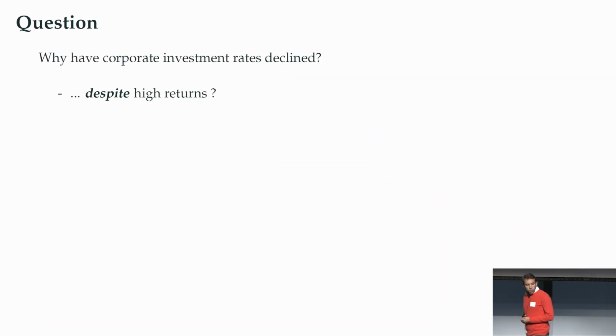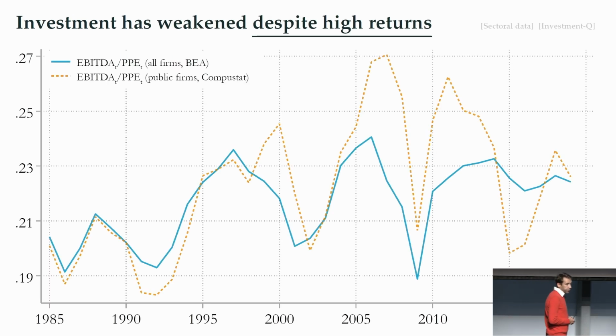The reason why we were puzzling over this is if you look at measures of returns to investing in physical assets, those look really high. In fact, they look like they've been rising over the same period of time. So again, some data on this so you get a sense of magnitudes, same 2 sources.